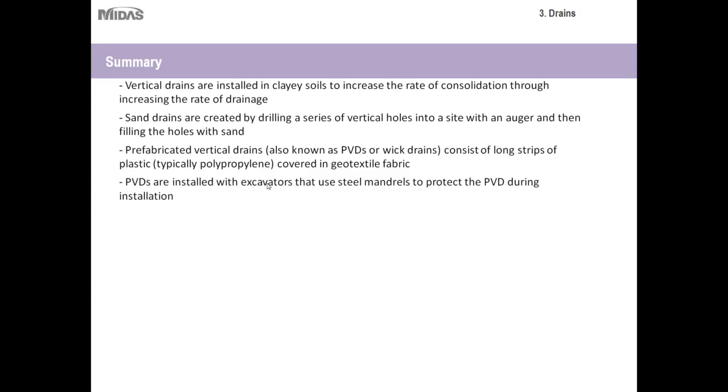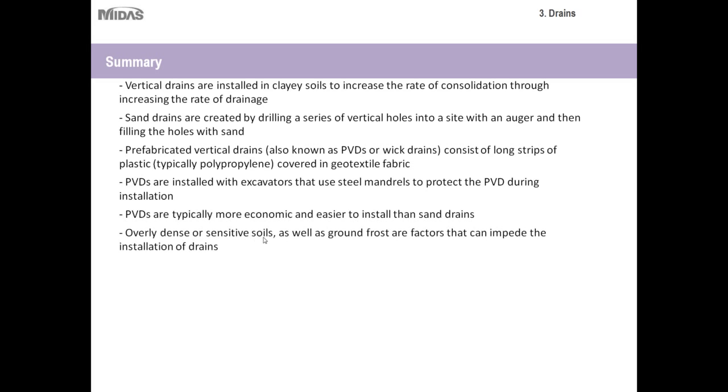PVDs are installed with excavators that use steel mandrels to protect the PVD during installation. PVDs are typically more economic and easier to install than sand drains. Overly dense or sensitive soils, as well as ground frost, are factors that can impede the installation of drains. So if you have soil that's too soft or too hard, that could cause problems.